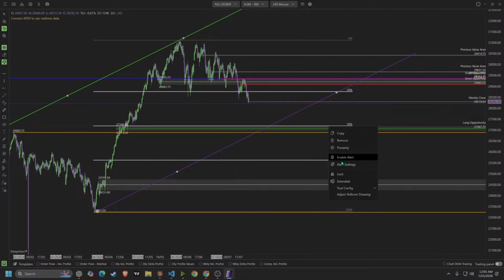I was saying, we did this already. Somewhere between the 50%, the 38, and the 61. And it's not a straight line. It was a straight line on the way up.